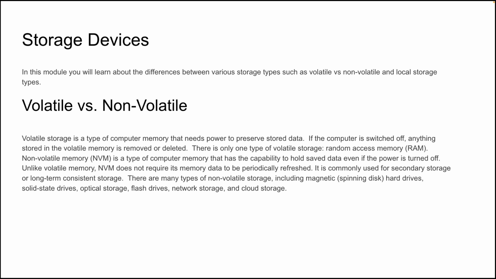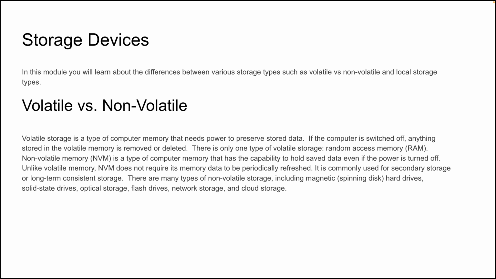Non-volatile storage would be something like a hard drive or an SSD, which is a solid state drive. And the difference between volatile and non-volatile storage, basically all you need to know is that with non-volatile storage, once the power is shut off, that memory is still stored on that device. So all your data, all your files, everything is still going to be available on the device, even when the power is off.